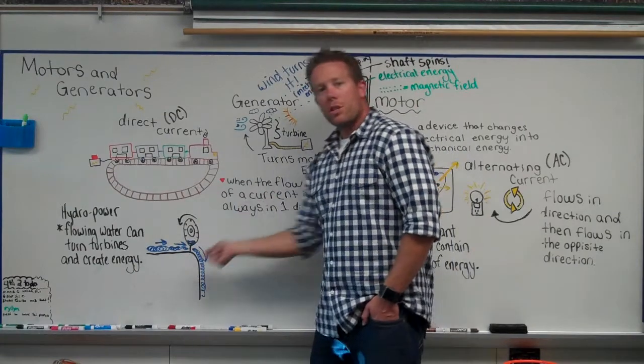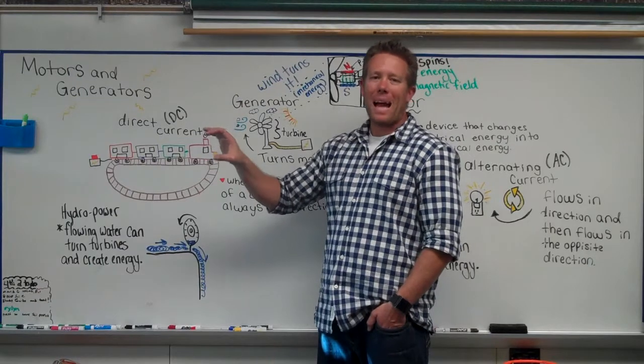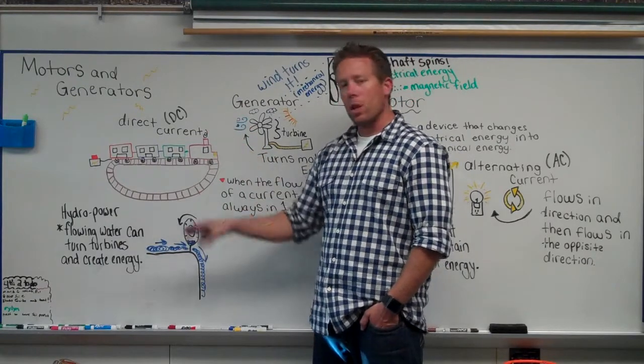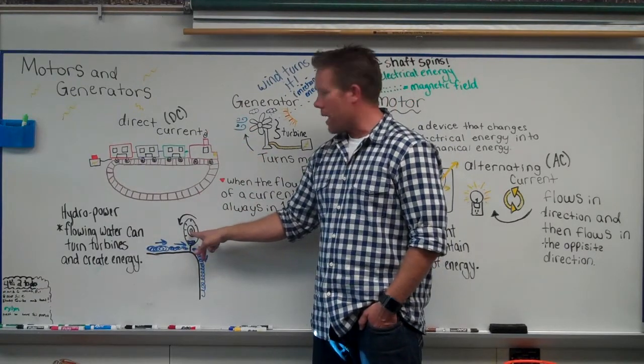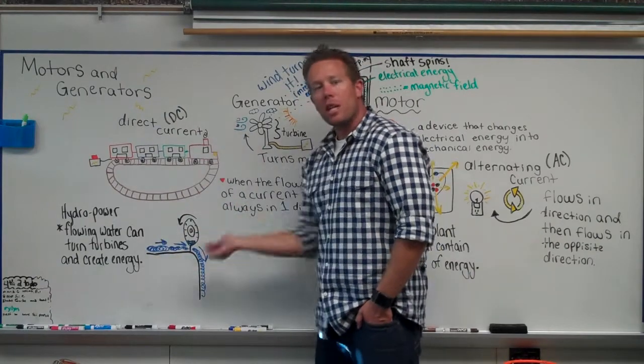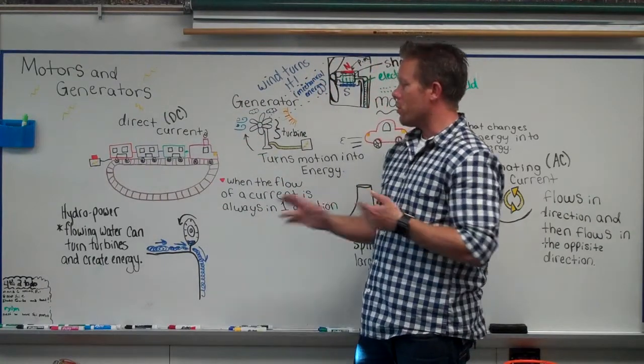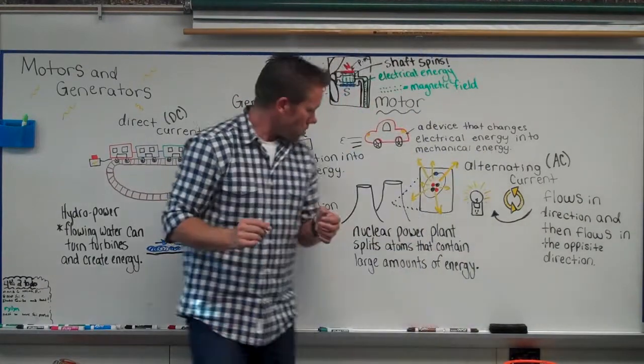Okay? The turbine is moving. There's probably a magnet inside of the loop, inside of a metal loop, inside of this wheel. And as the water turns the loop, once again, it's going to grab the electrons in between the magnets.